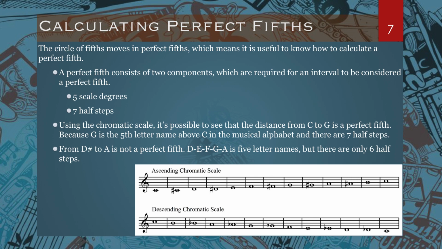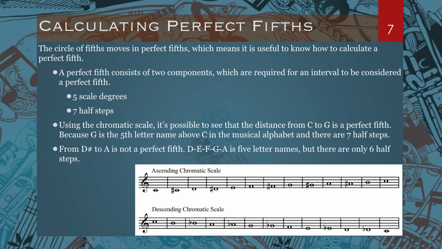So starting on F, we have to go down 5 scale degrees. So F, E, D, C, B. So we know that from F to B is some sort of fifth. Now we have to figure out if it's a perfect fifth, and if not, what note would be a perfect fifth below F. So we have to count down 7 half steps.